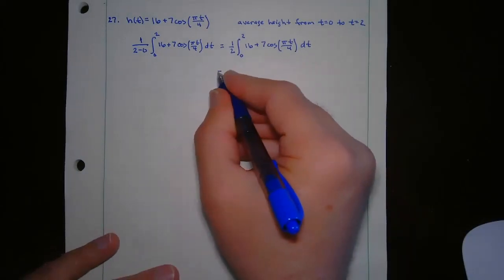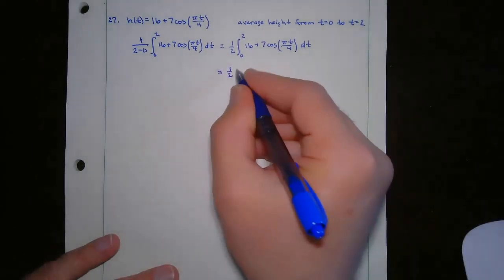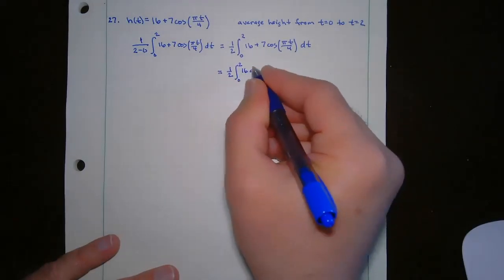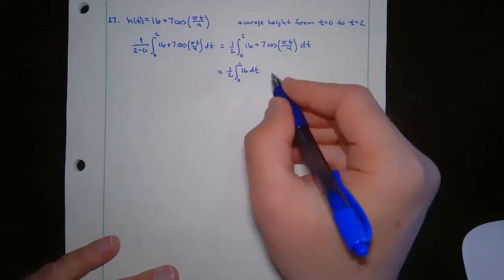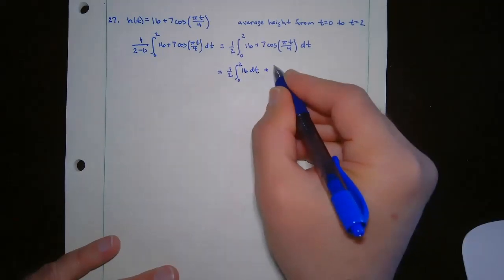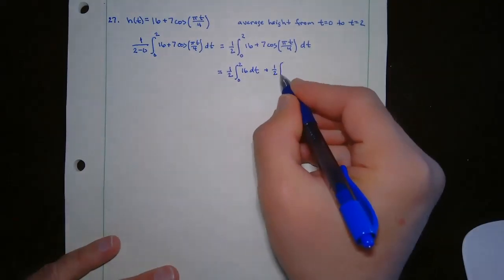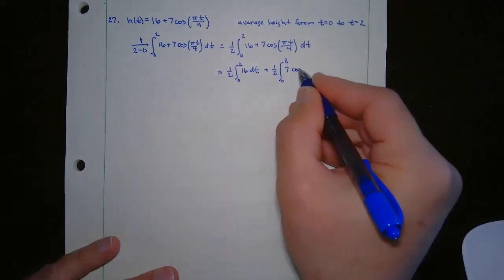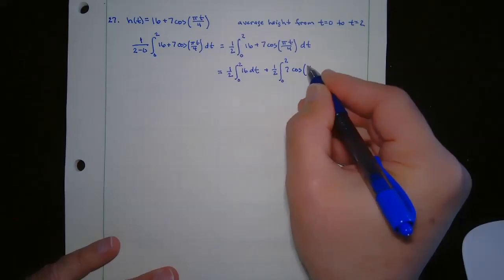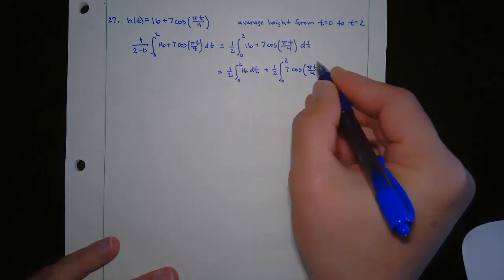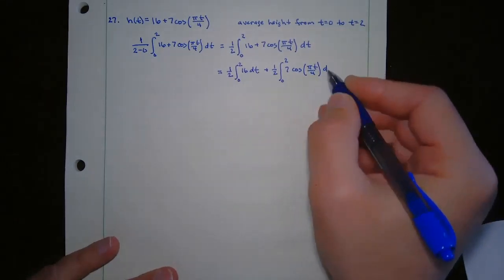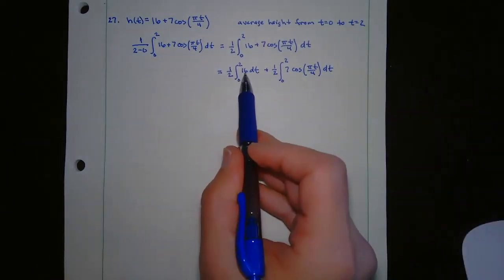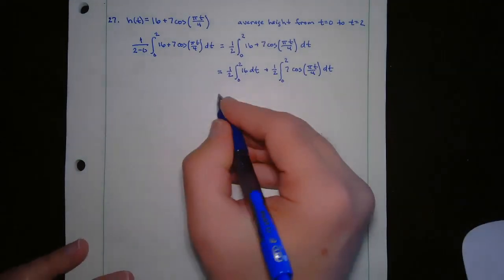So this is going to equal 1/2 the integral from 0 to 2 of 16 dt. I think this is going to be easier if we do it this way. And then plus 1/2 the integral from 0 to 2 of 7 cosine of pi t over 4 dt.